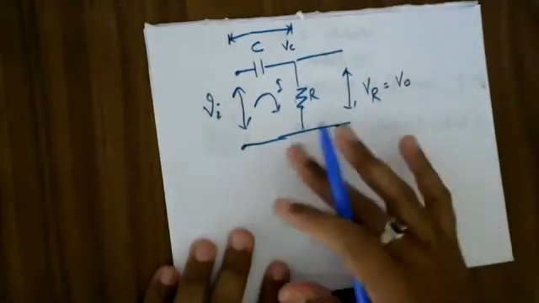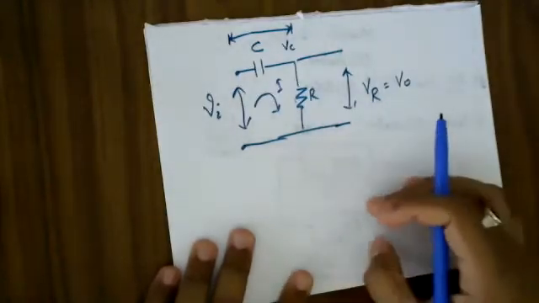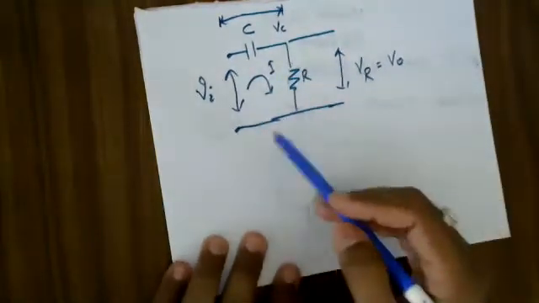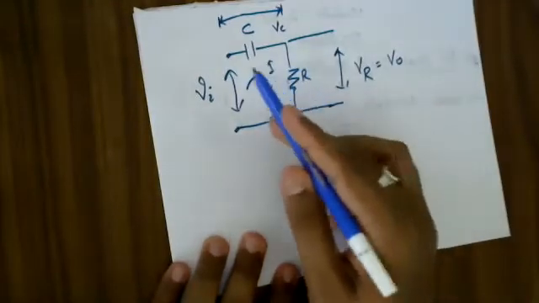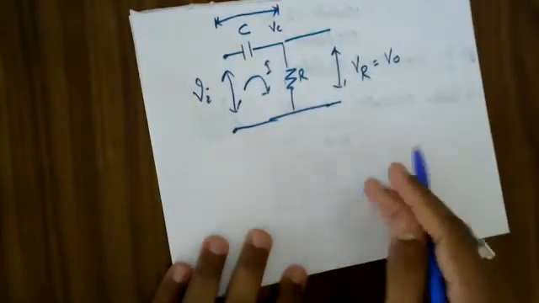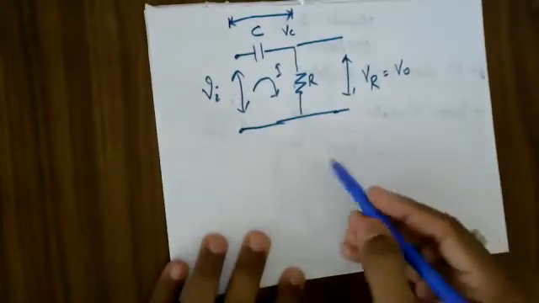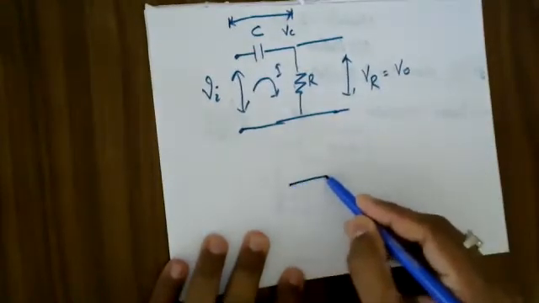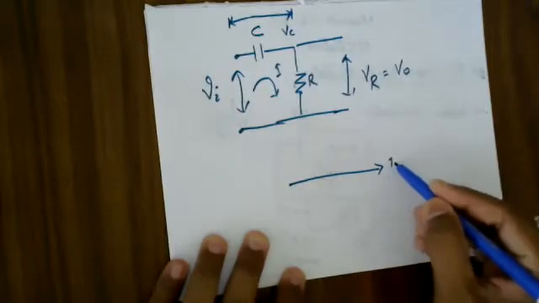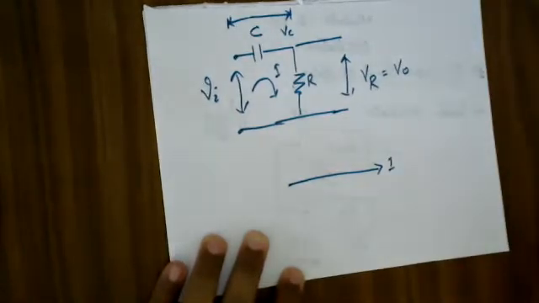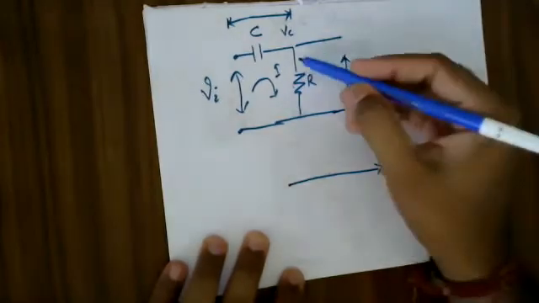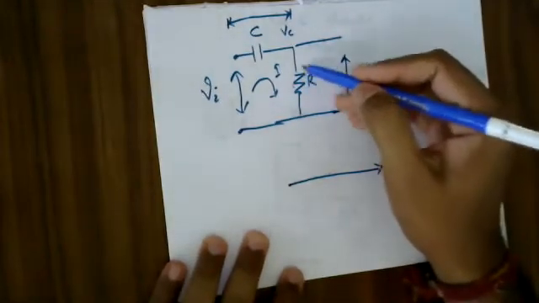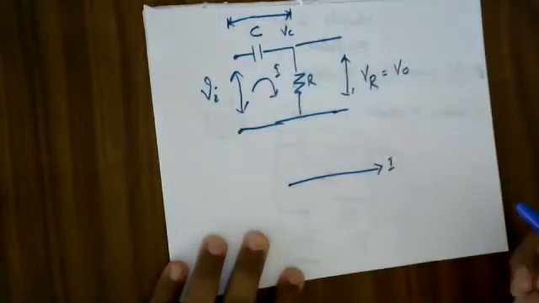Now we would like to study this with respect to phasors. Since the common component to both R and C is I, I need to take my current vector as my reference vector. So this is my current vector, which is taken as reference. With respect to this vector, I would like to draw the vector for my voltage drop across the resistance.